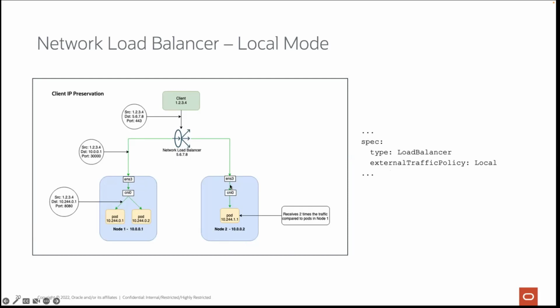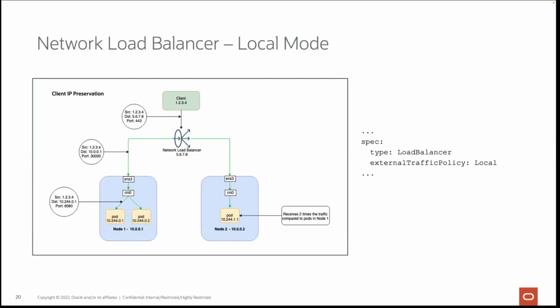That port range will be only for the pods that are local to this particular node. Now, if you have a pod sitting on another node and the traffic hits this particular worker node, this worker node will never forward the traffic to another worker node. It will only look for the pods that are local to this node.